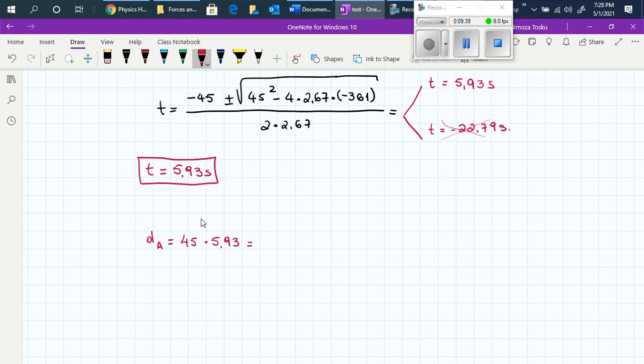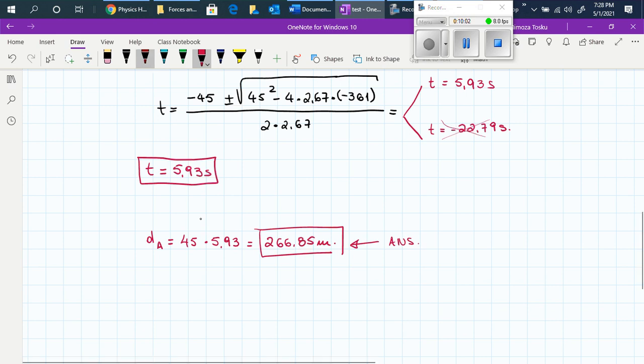This will be the distance that car A travels. So 5.93 times 45 in our case is 266.85 meters. This is the answer to the question.